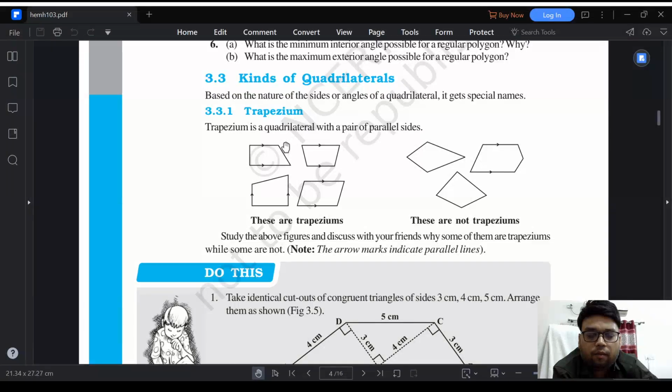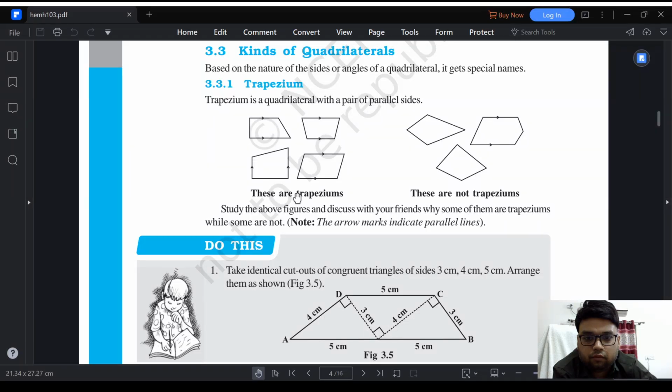I have already explained that a quadrilateral is nothing but a polygon having four sides. So trapezium is also an example of a quadrilateral. These are trapezium, these are not trapezium. These all are trapezium. The trapezium is nothing but having two sides parallel. Here no two sides are parallel, so they are not a trapezium.